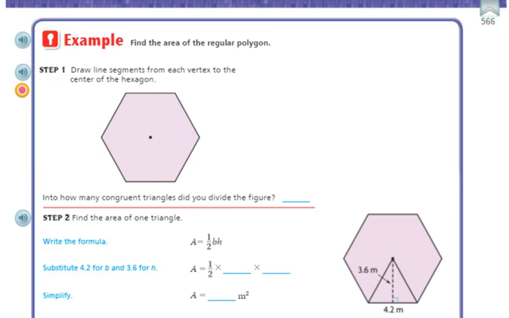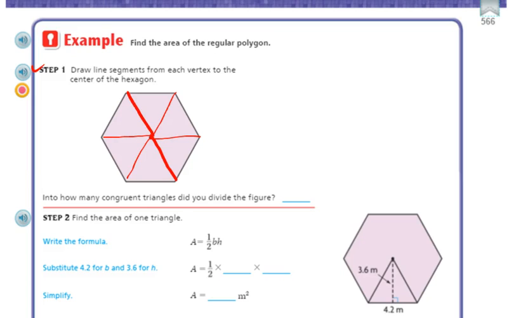All right, here we go. Example 1. Find the area of the regular polygon. Step 1 tells me I first need to create my congruent triangles. So I'm going to draw a line from the vertex of the figure to the center point. 1, 2, 3, 4, 5, 6.